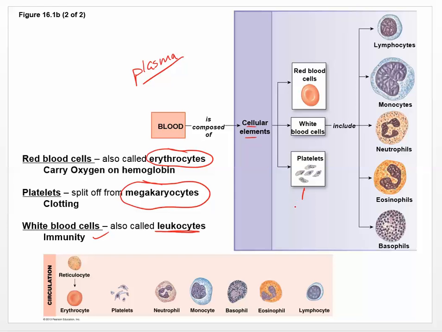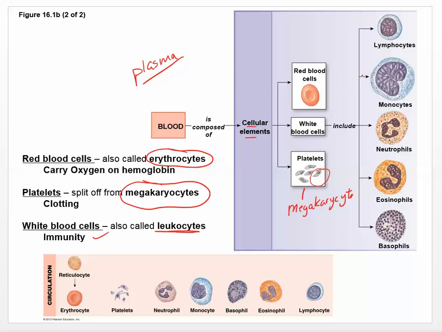Like I said, the platelets are derived from a larger cell called a megakaryocyte, and that just basically flakes off and forms these little chunks called platelets, or sometimes they're called thrombocytes because they're involved in clotting, thrombosis. And then the red blood cells are just red blood cells. So those are where that ends.